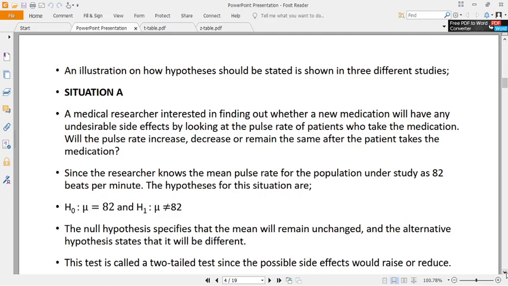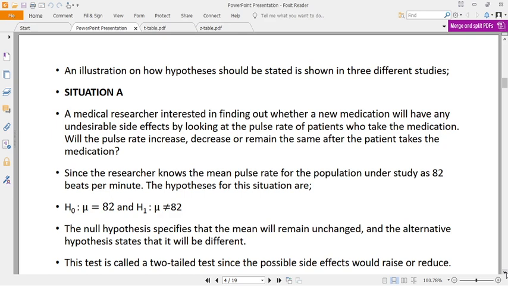The researcher wants to find out whether the pulse rate will increase, decrease, or remain the same after the patient takes that particular medication. And from research, we know that the mean pulse rate is 82 beats per minute.